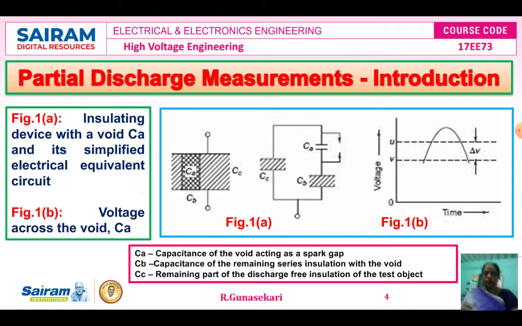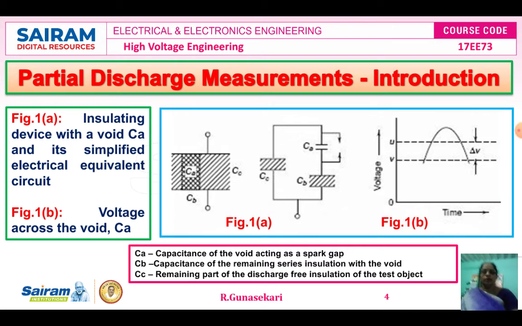Now you see the circuit diagram in figure A, the equivalent circuit. When the voltage across the capacitor is raised, a critical value is reached across the capacitor Ca and a discharge occurs through the capacitor. That is, it becomes short circuited. This is represented by the closure of the switch.